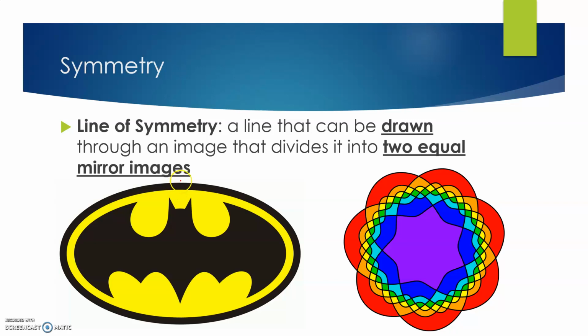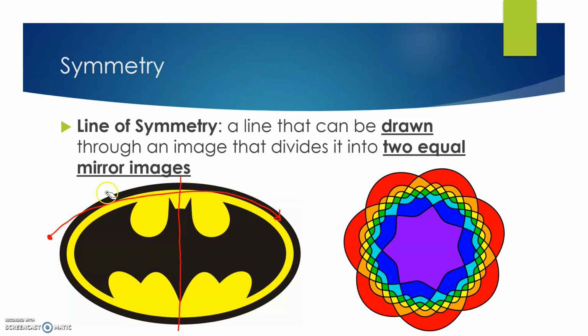And so I could draw a line through here. And if I were to take this side over here and fold this in half, these two images would line up. They would make a mirror image of one another.